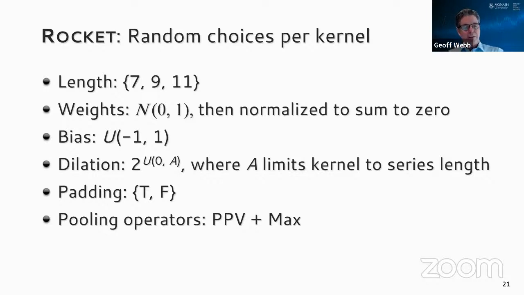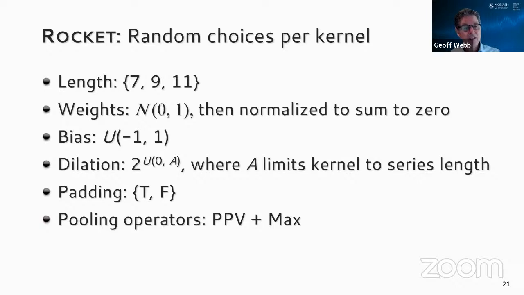Rocket, the first iteration, simply generated these filters randomly. It selected a random length of 7, 9, or 11. It then selected the 7, 9, or 11 weights in each filter by random selection from a Gaussian distribution.